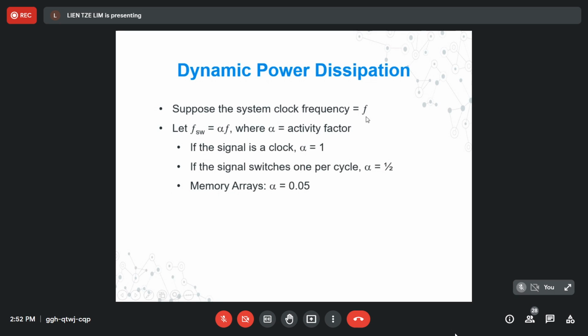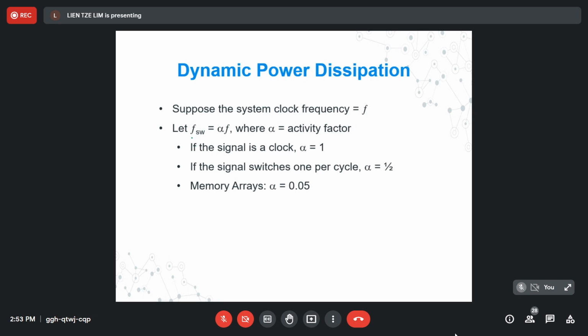F here, in dynamic power dissipation, frequency has an important effect on the power dissipation. The frequency here means the clock frequency, and this clock frequency determines the switching frequency.